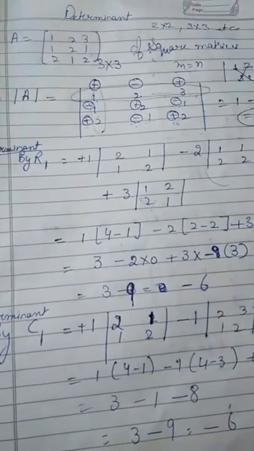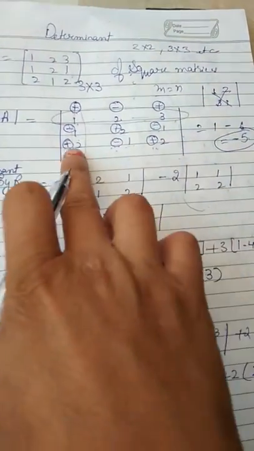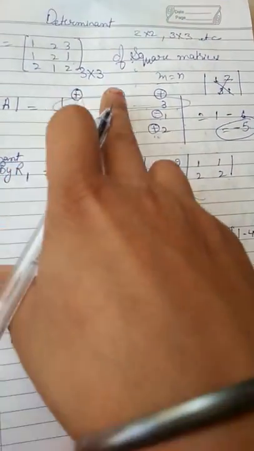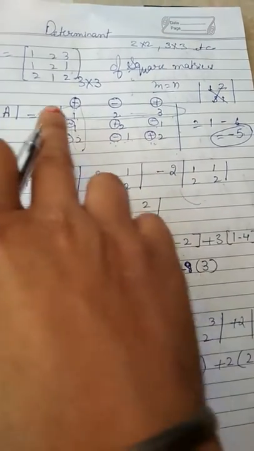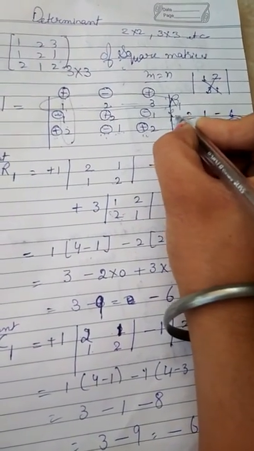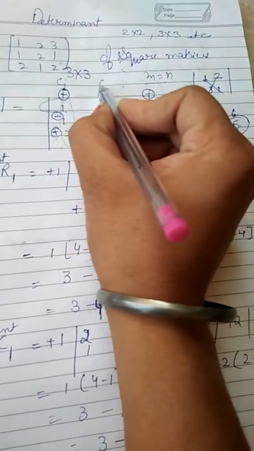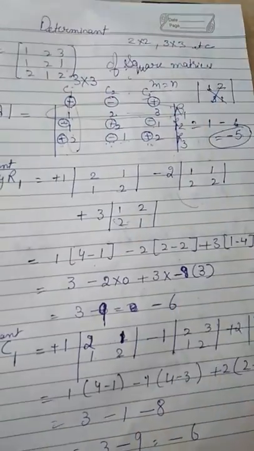Now, as we know, these are rows, the horizontal lines, and the vertical ones are columns. So this is row 1, R1, this is row 2, and this is row 3. This is column 1, this is column 2, and this is column 3.